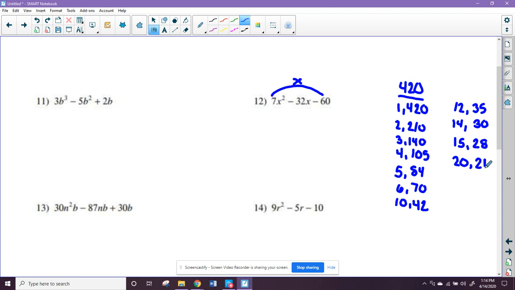Okay, now we have to figure out which of these factors, if we add or subtract them, will give us our middle term of negative 32. I'll give you a second to figure that out. So I hope you picked 10 and 42.